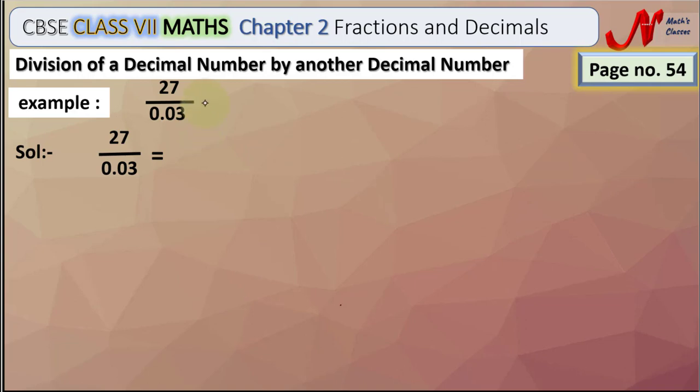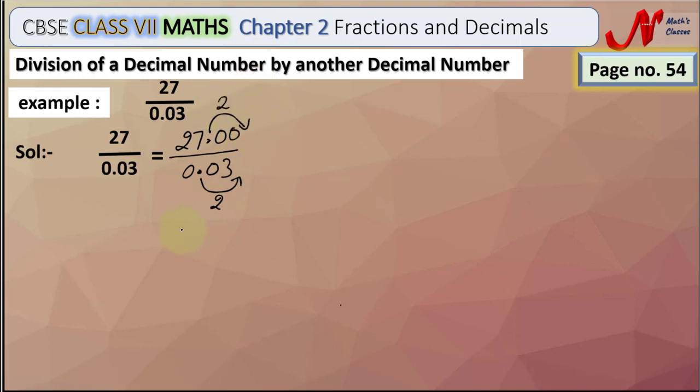Here, 27 divided by 0.03. So 27 can be written as 27.00 divided by 0.03. To find the value, we shift the decimal point two places to the right, and in the numerator also we shift the decimal point to the right by two places.